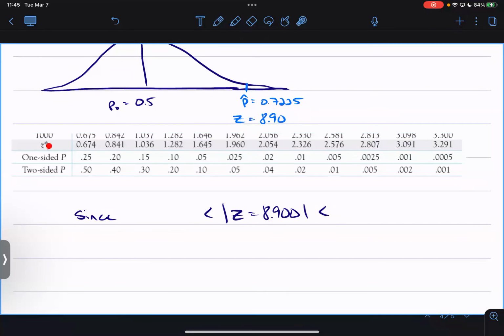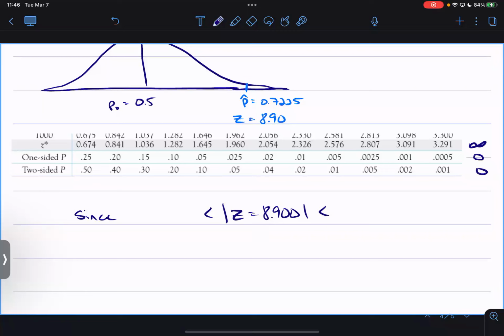So here on the Z star line, what I'm going to do is actually finish the table with Z of infinity, just to help myself out a little bit. At infinity, it's kind of weird if you think about it, but the area in the tail past infinity is 0, but it's not until you reach infinity that it is 0. 0 times 2 is still 0.